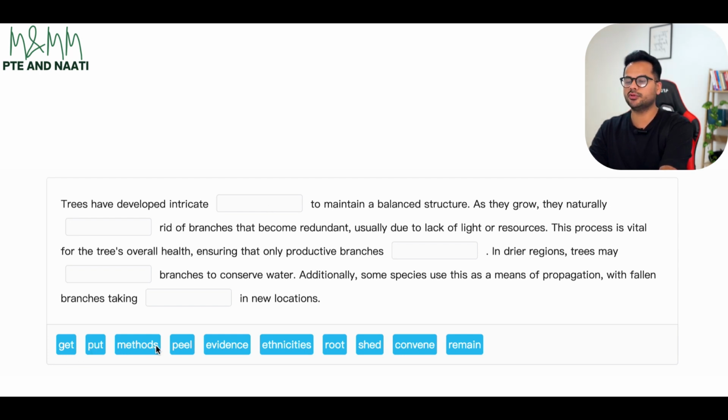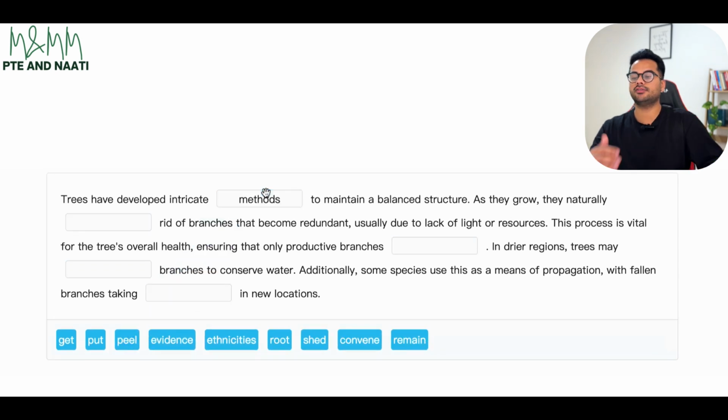The nouns that we have are methods, evidence, ethnicities, and even root. Our correct answer needs to be methods, because we are talking about intricate something. Trees have developed intricate methods to do what? Maintain a balanced structure. So they have developed certain methods, certain processes, you can say.